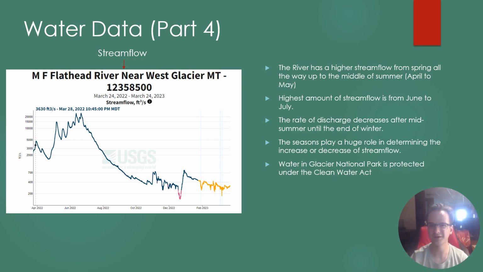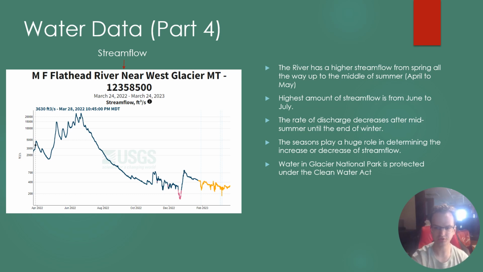From around April to May, you see that there's heavy stream flow, which is going to mean higher amounts of precipitation and snowfall, which ends up getting into the river. We can also see that from June to July is where the highest amounts of stream flow are. I believe that's because all the snowfall and precipitation is melting and flowing into that river.